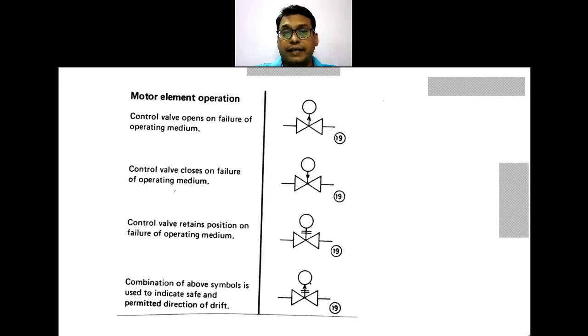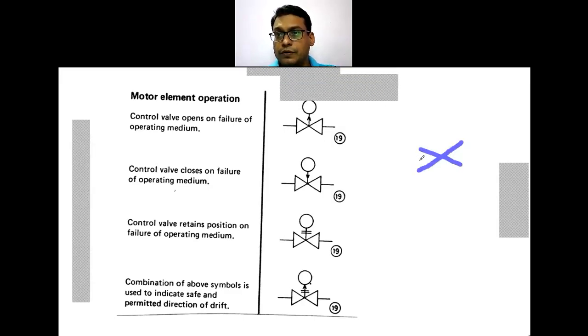Now looking at the control valves. In general, the control valve is drawn like this.